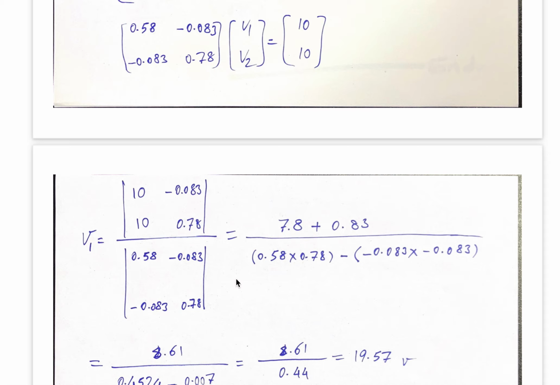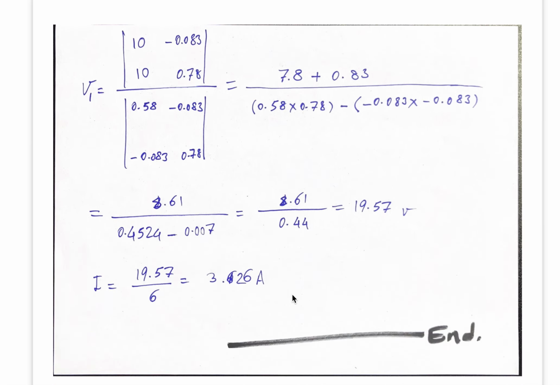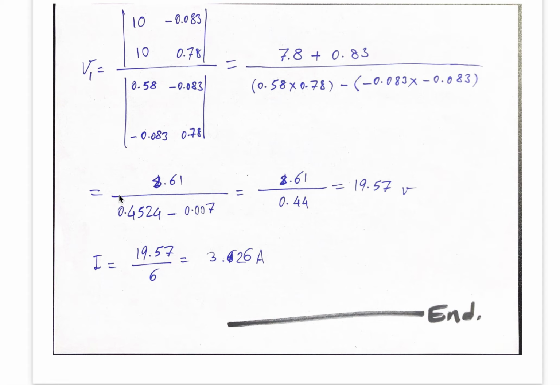And this is the way you obtain the determinant. If this is A, B, C, D, you compute A times D minus B times C. Be careful with the signs. Once you've got the voltage of that node, you divide it by the resistance based on Ohm's law, and you get the current.